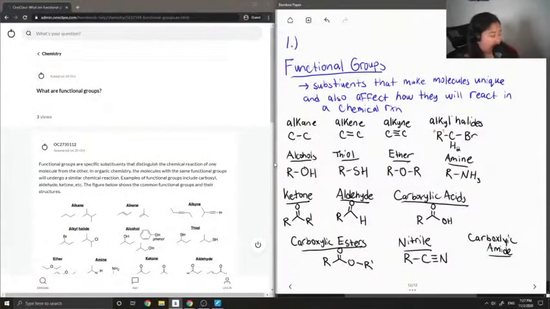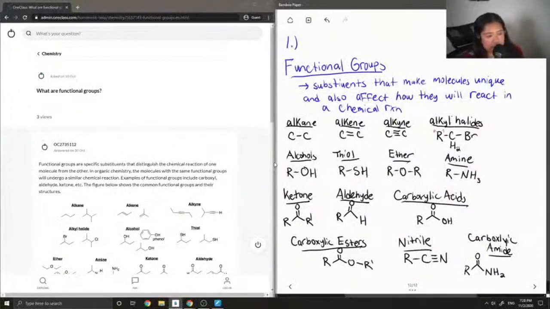As you can guess, it's similar to a carboxylic acid, where you have a double bonded O, but instead of the alcohol group, it's going to be an amide at the end. So these are all the different main functional groups that you can have in an organic molecule.